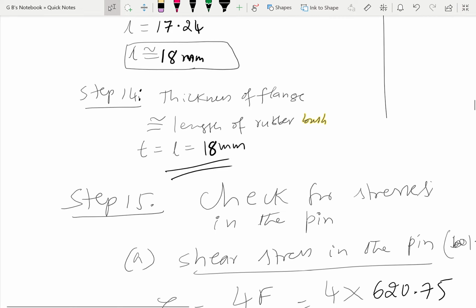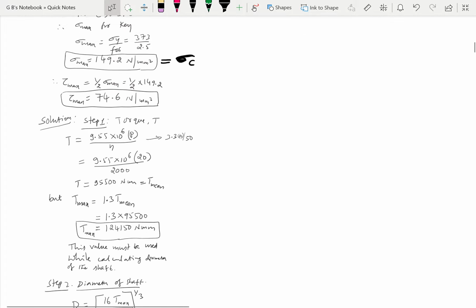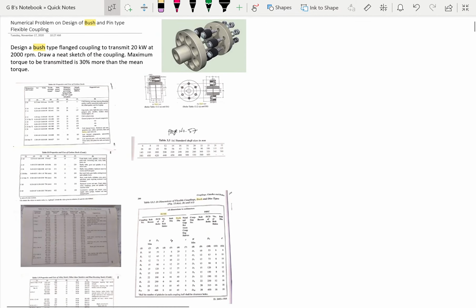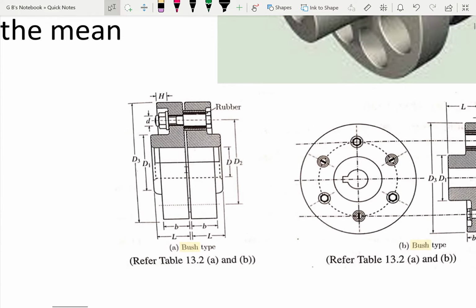You know that the thickness of flange is almost same as length of the rubber bush. So hence step 14. Thickness of flange is equal to length of the rubber bush, that is equal to 18 mm. See here, ear to ear flange thickness, no? So same as length of the rubber bush.